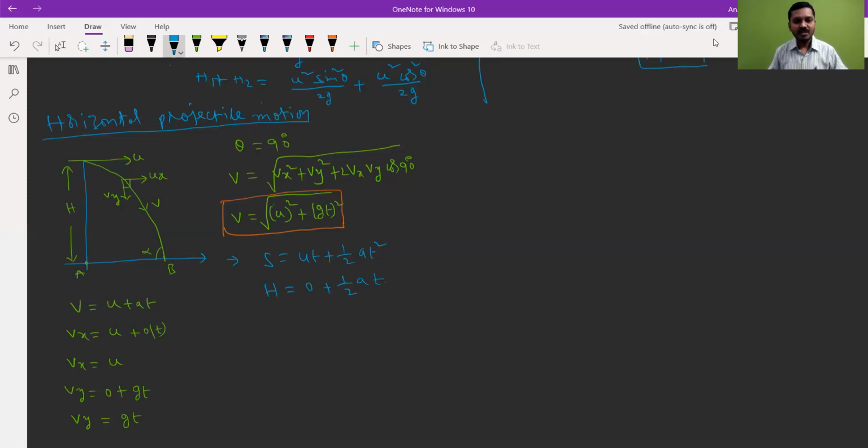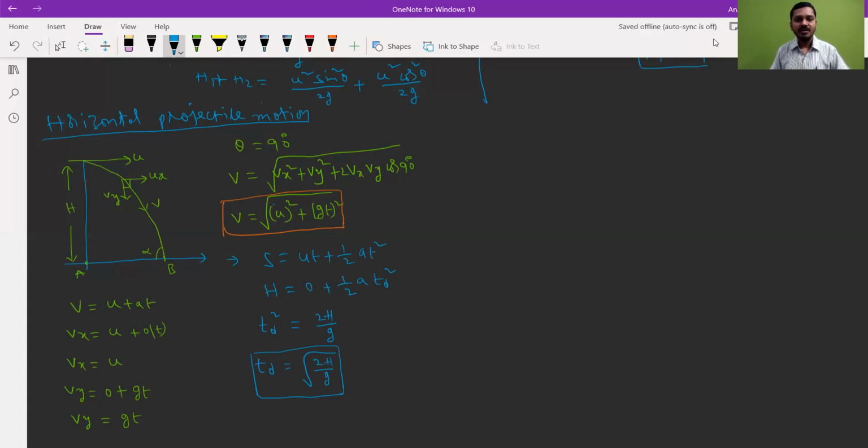I am taking time of descent, because the time taken by the horizontal projectile body from the top of the tower to the ground level is the time of descent. So from this, time of descent square is equal to 2h by a, which is equal to plus g. Then the time of descent is equal to the square root of 2h divided by g. This is the time of descent. It means the time taken by the horizontal projectile body from the top of the tower to the ground level, that is, till point B.